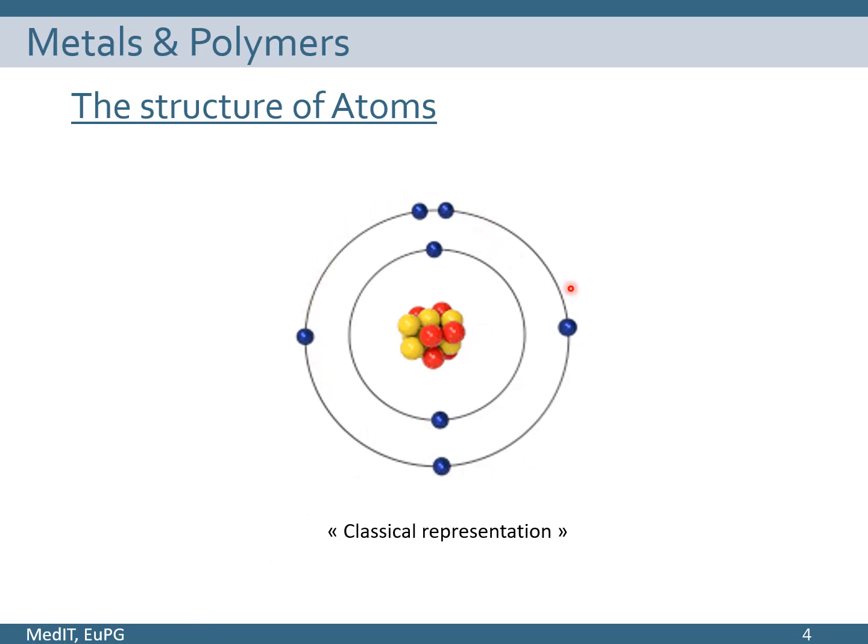It's moving around the nucleus. But from the point of view of an observer located here, the electron is going down and up and down and up. It's actually oscillating sinusoidally around an equilibrium position, like electrons in antennas.